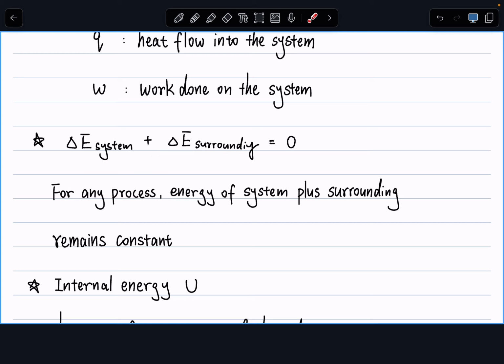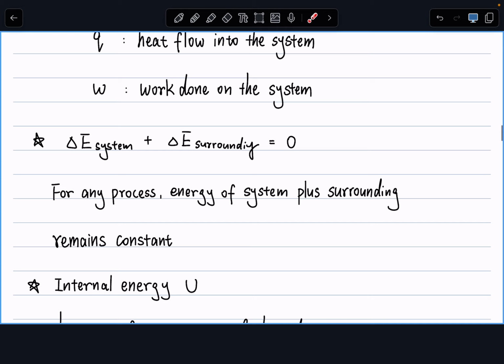So what we're saying is that for any process, the energy of the system plus the surroundings remains constant, or the total energy change of your system plus the total energy change of your surroundings equals 0. This is just physics, right? Very straightforward.